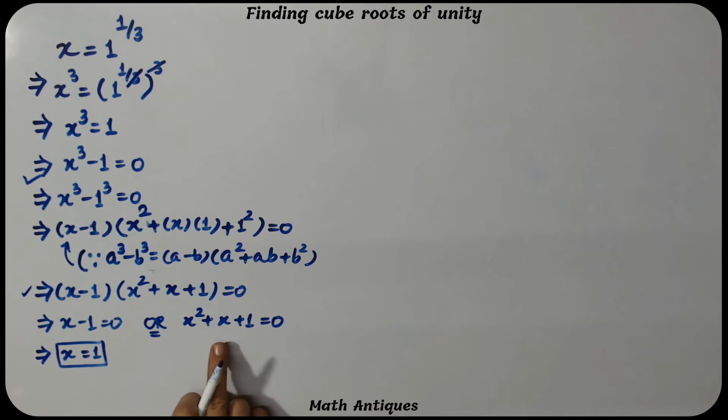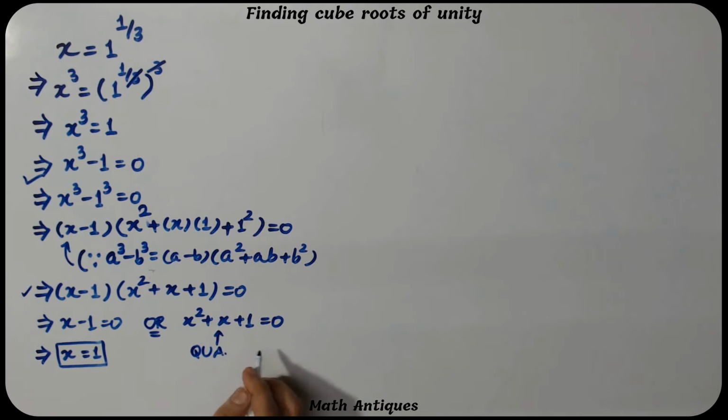Now x square plus x plus 1 equal to 0. As you know, it is the quadratic equation. And we can solve this quadratic equation by the discriminant method. So solution to this is x is equal to minus b plus or minus square root of b square minus 4ac divided by twice a.